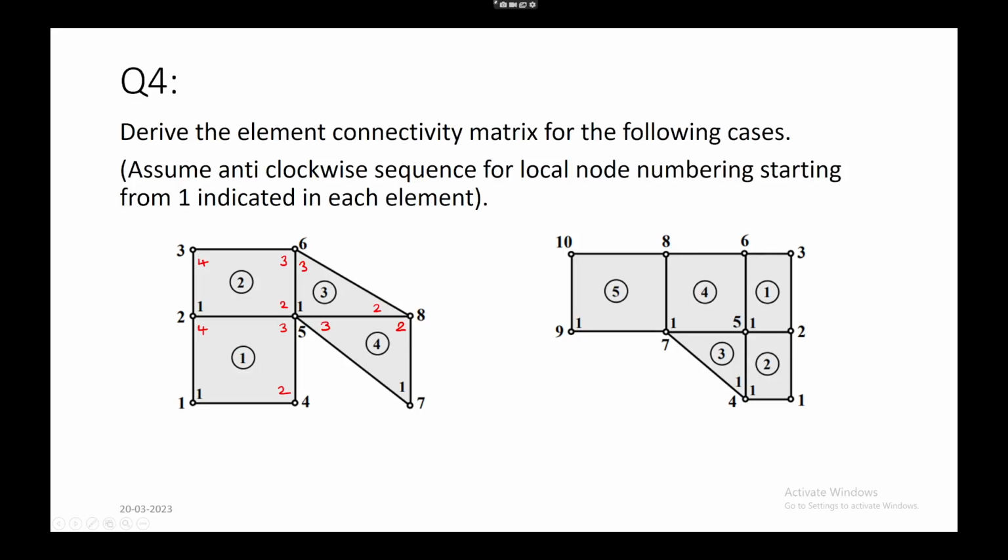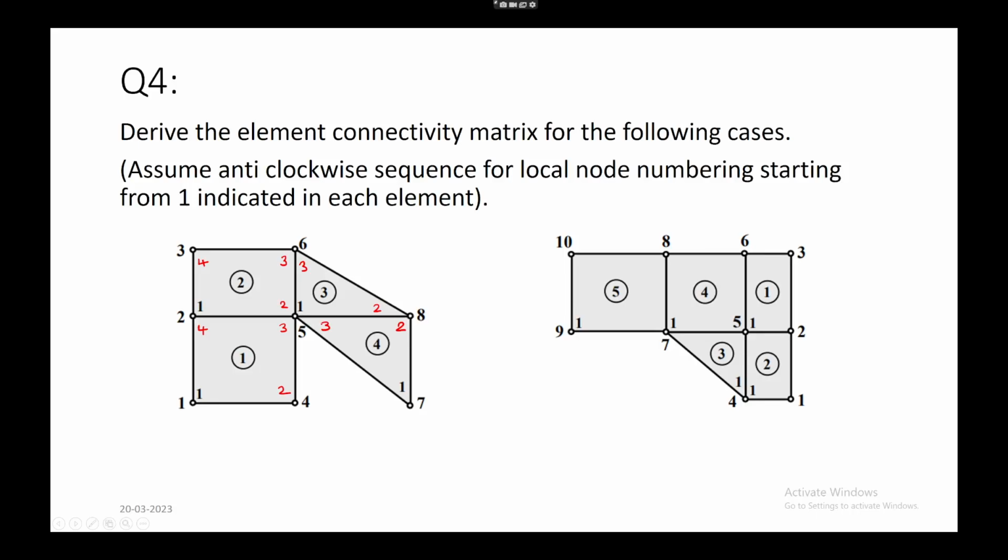What will be row number 1? 1, 4, 5, 2. Yes. Local node 1 corresponds to global node 1, so it is 1. Similarly, local node 2 corresponds to global node 4. So let me write local nodes 1, 2, 3, 4, correct? Local node 3 corresponds to 5, and local node 4 corresponds to 2.